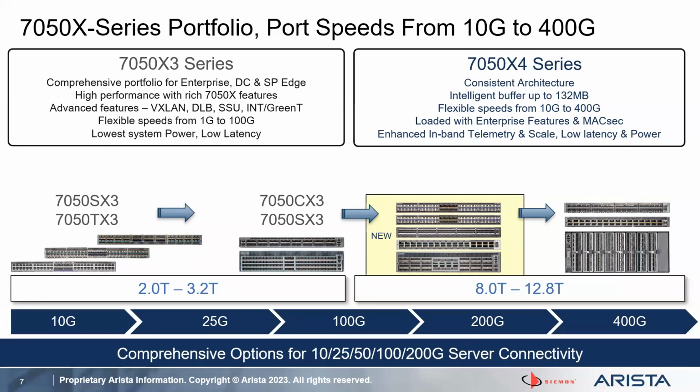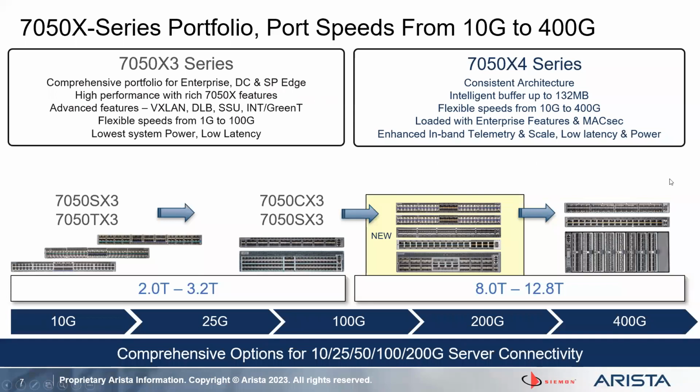But really, since I said at the top of the hour that our focus of today's discussion is going to be on the data center, the 7050X platform, as we commonly refer to as X3 and X4 in particular, are the predominant platforms that we use to build the data center, whether you're thinking about the server connectivity or the spine connectivity.